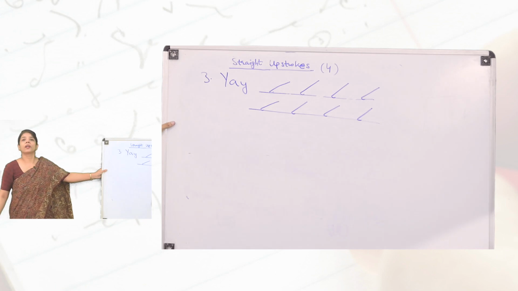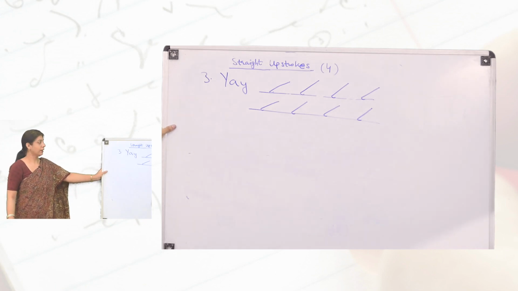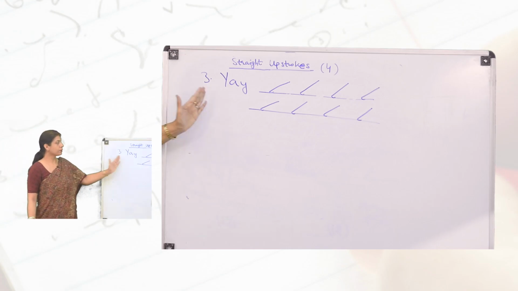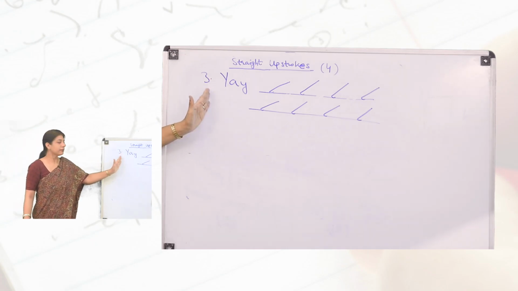Now this is an outline for ye. Now please keep practicing the consonants, learn them by heart, then only you will be able to exactly learn the language.